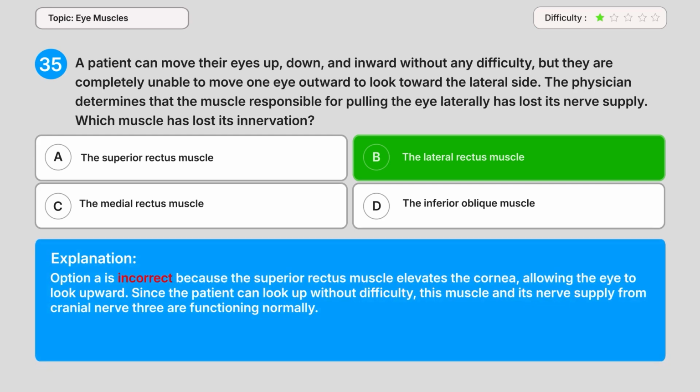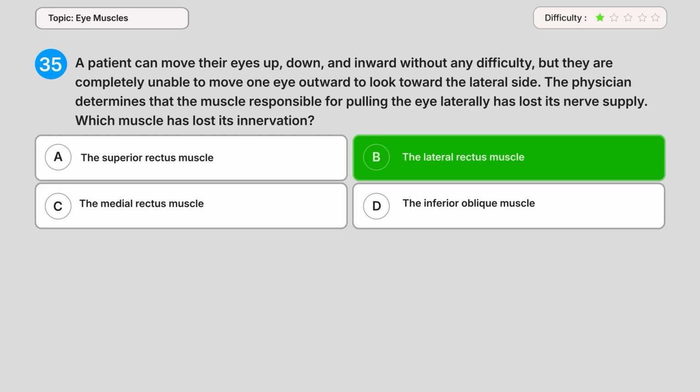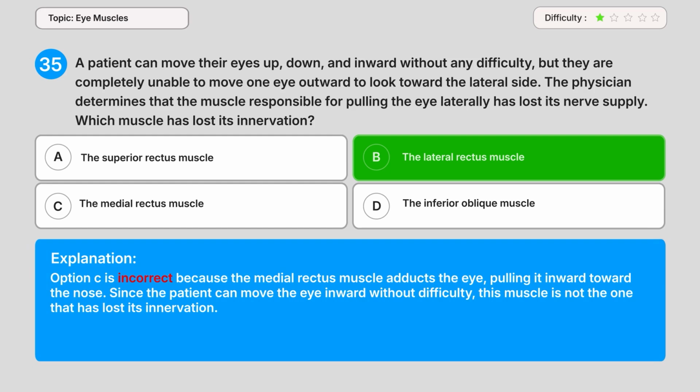Option A is incorrect because the superior rectus muscle elevates the cornea, allowing the eye to look upward. Since the patient can look up without difficulty, this muscle and its nerve supply from cranial nerve 3 are functioning normally. Option C is incorrect because the medial rectus muscle adducts the eye, pulling it inward toward the nose.